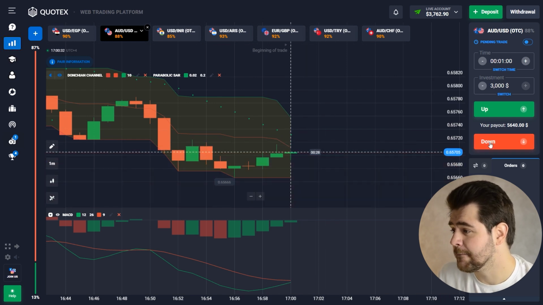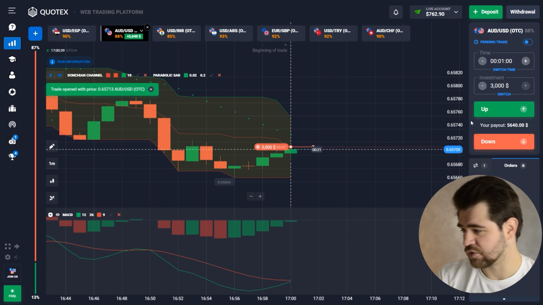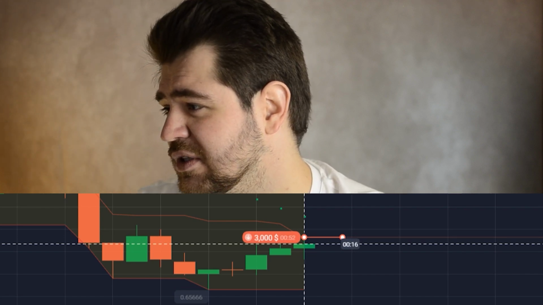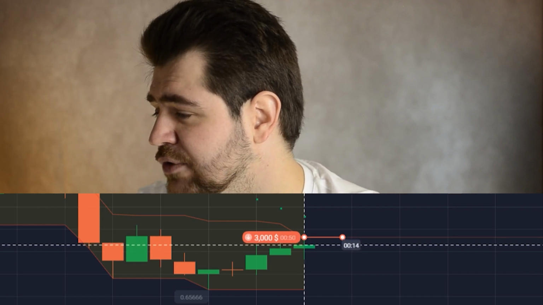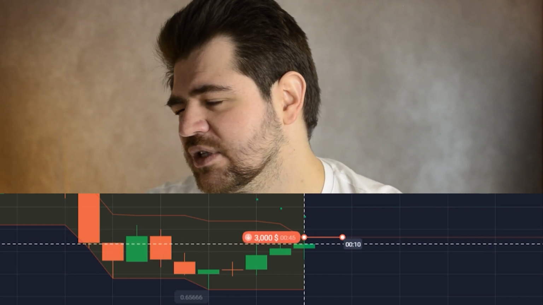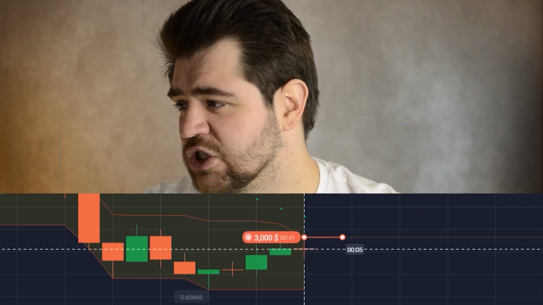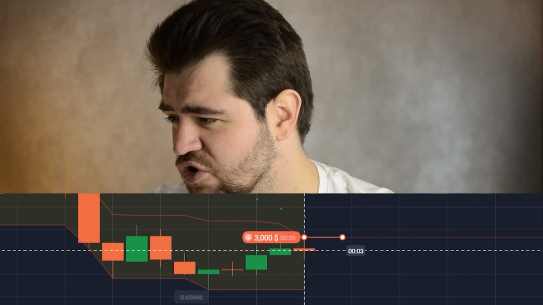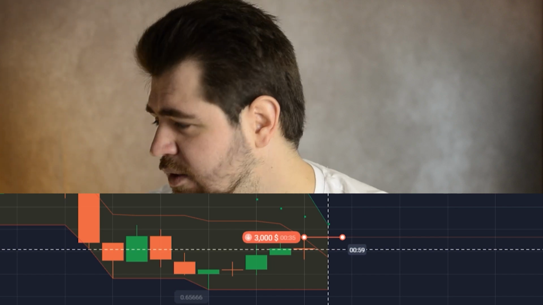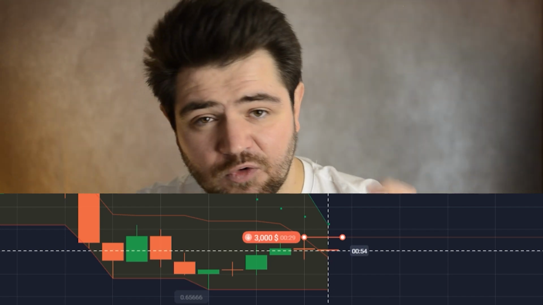Let's go with a put option here, because we are reaching the resistance zone based on various factors. It's a parabolic SAR dotted line and also the middle line of the Donchian channel. Both can act as a resistance level, or resistance zone, let's say. It's kind of a correction trying to break this middle line, but in this case I think it won't, so it will continue to go down, at least for a pullback.